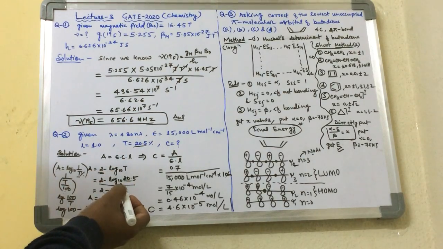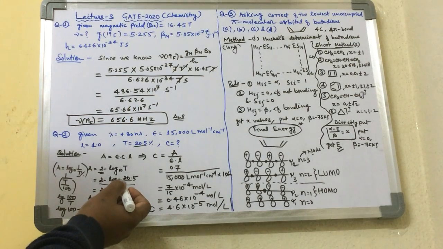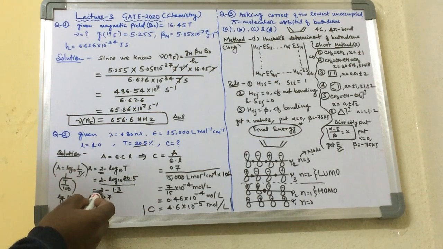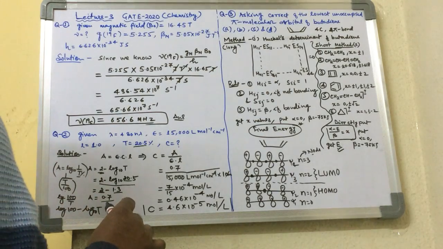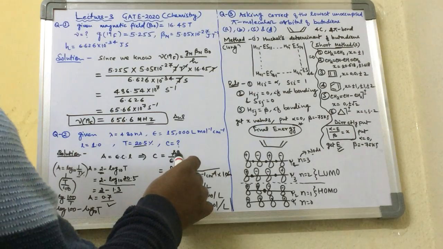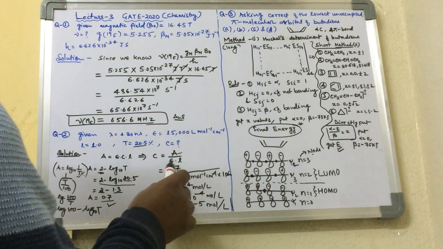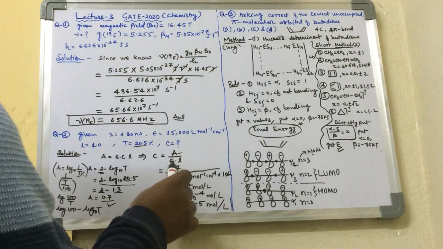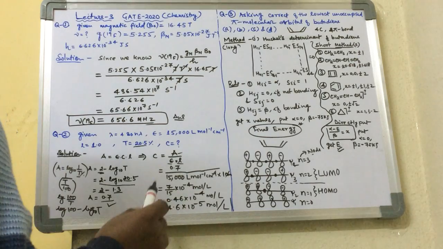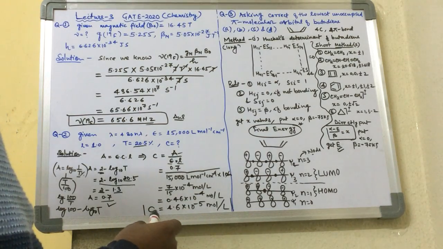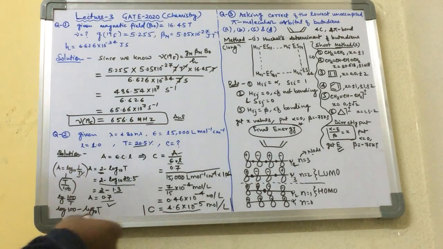The value of log base 10 of 20.5 is 1.3, and subtracting from 2 we get 0.7. So this value you finally get as the absorbance, and now you put the absorbance here, and you already have the molar extinction coefficient and L path length. So simply you put these here, and you will finally get the concentration of your metal complex.